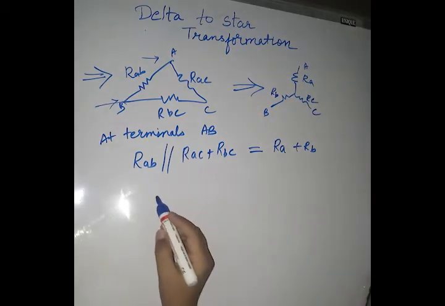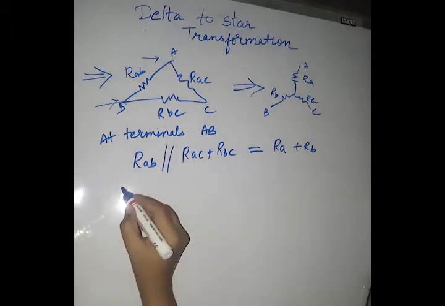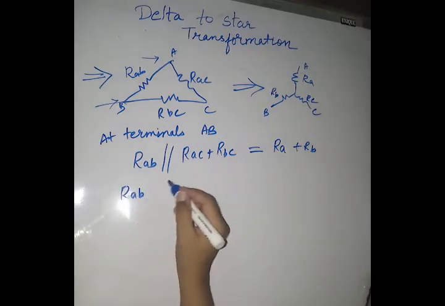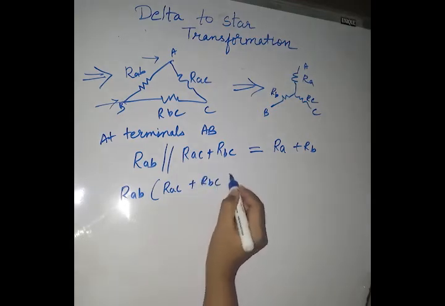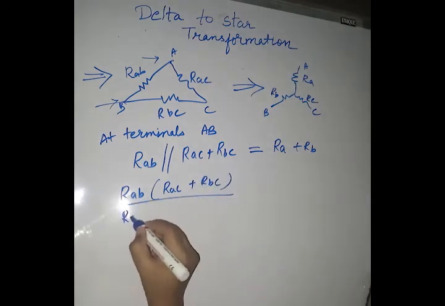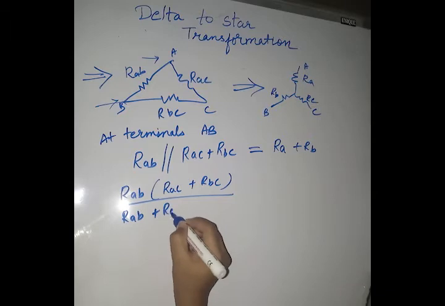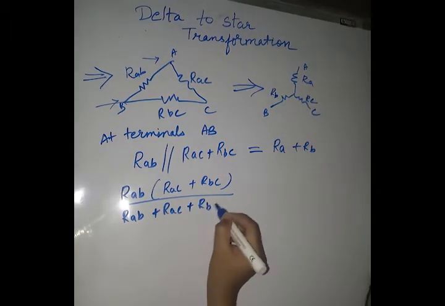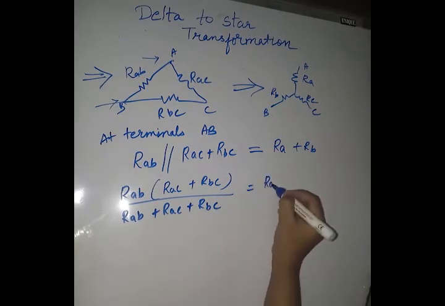So we will derive this, so it will be RAB into RAC plus RBC upon RAB plus RAC plus RBC, which equals RA plus RB.